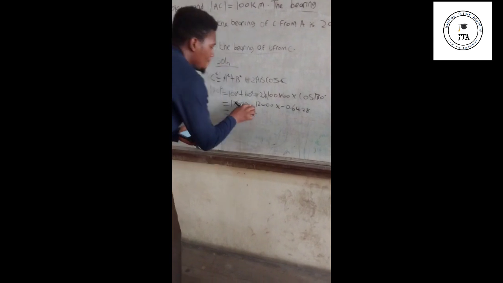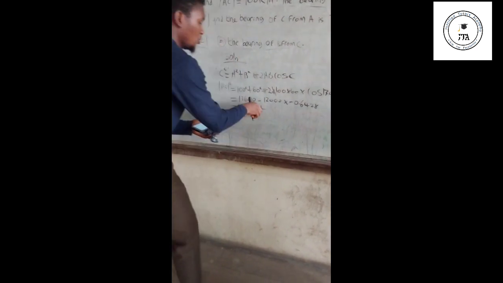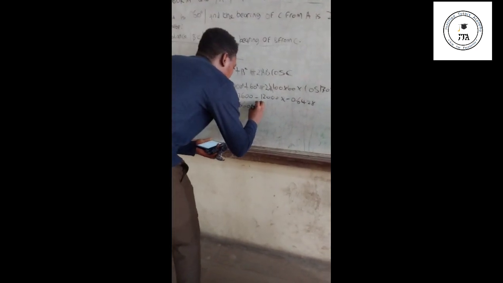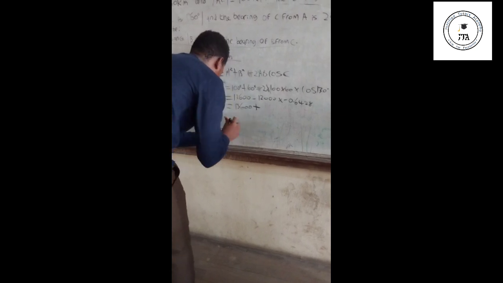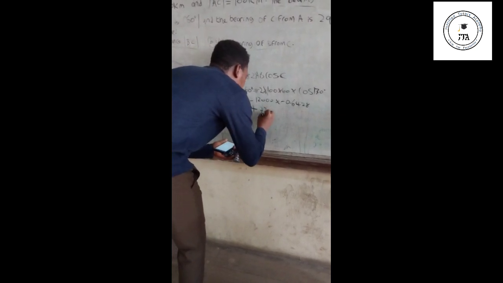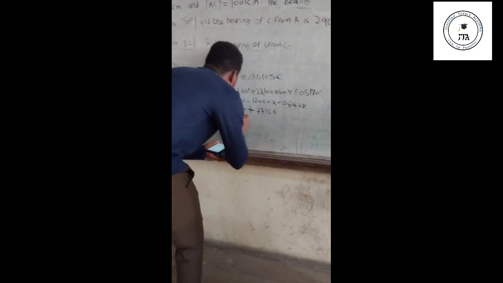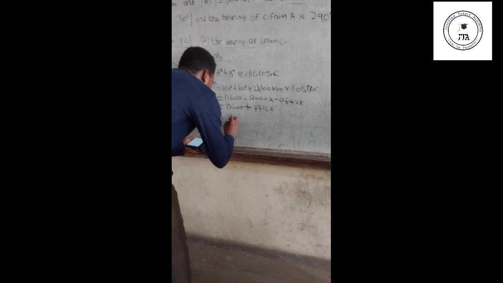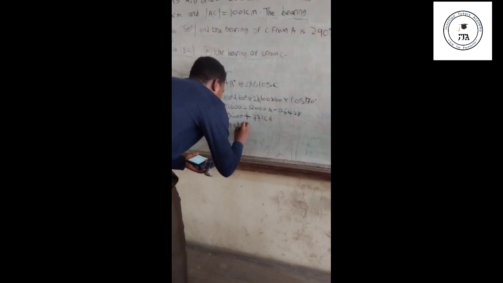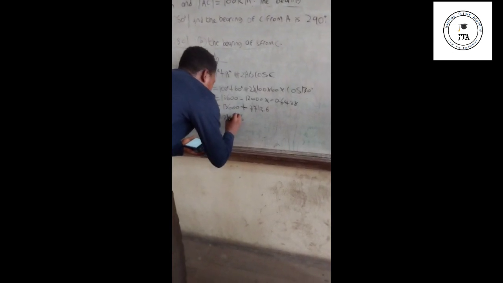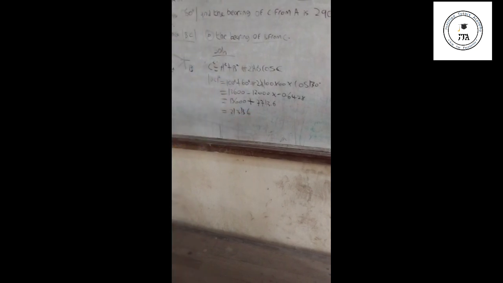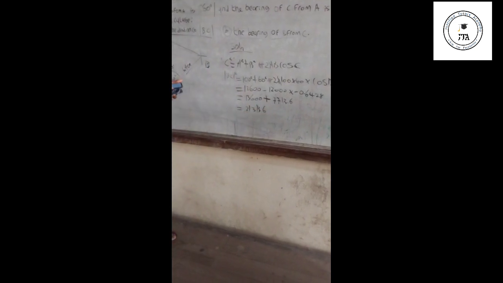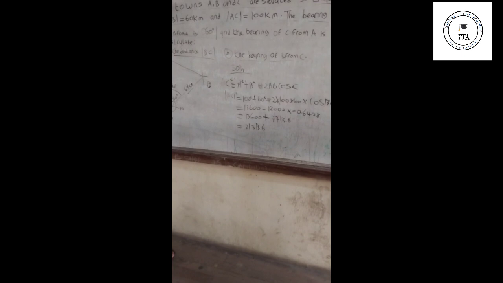So you see now, minus times minus becomes plus. That's why we have plus here. So that plus 7713.6 equals 21313.6.